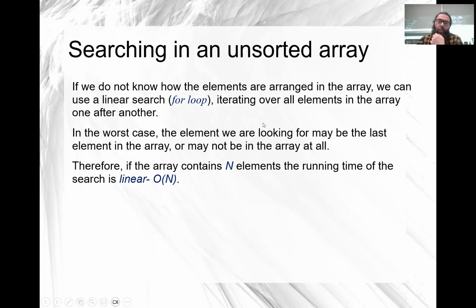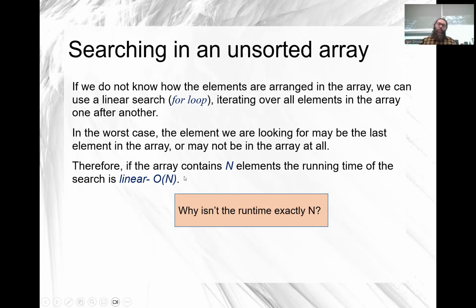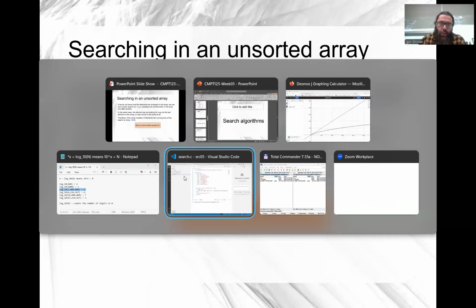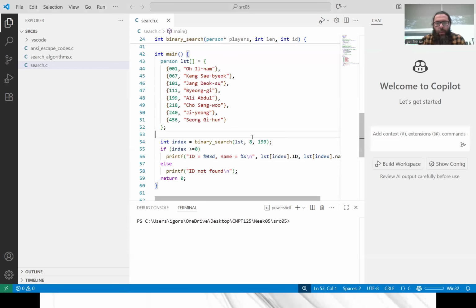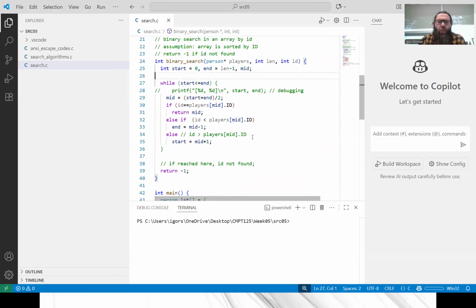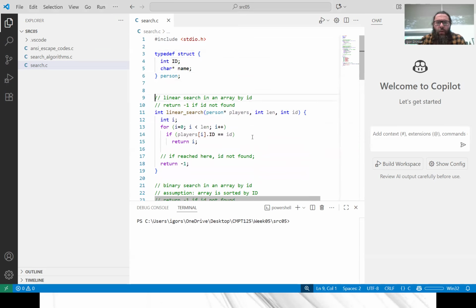So the running time will be O of n, right? If you have n elements, the running time is O of n. And let me ask you this question: why isn't the running time exactly n? Well, it's not exactly n, because the code will have a for loop, and we want to compare the array to the given element.